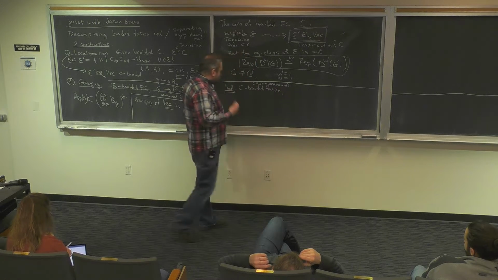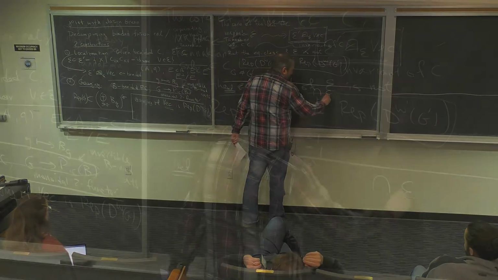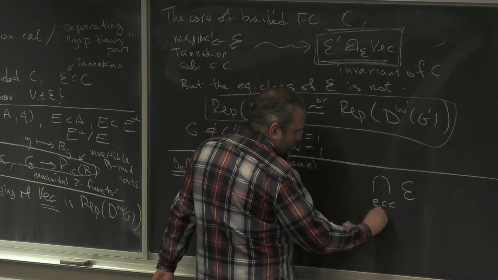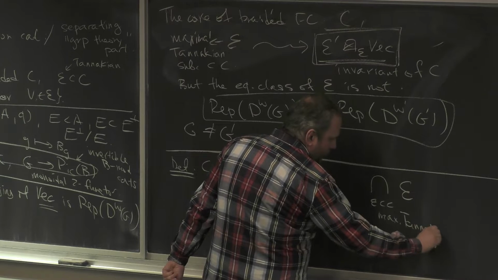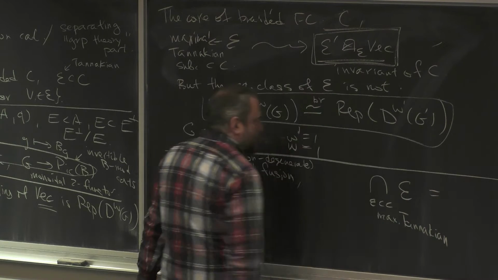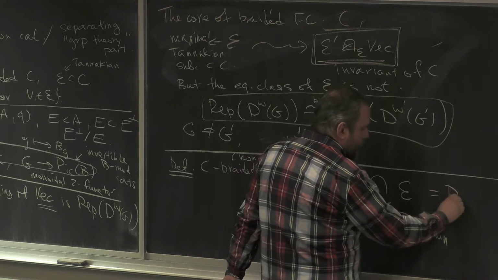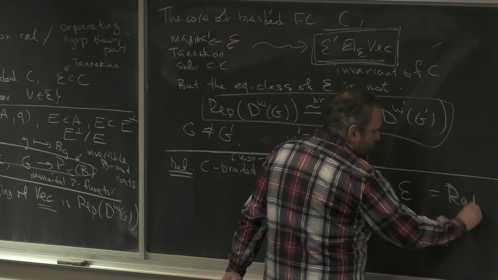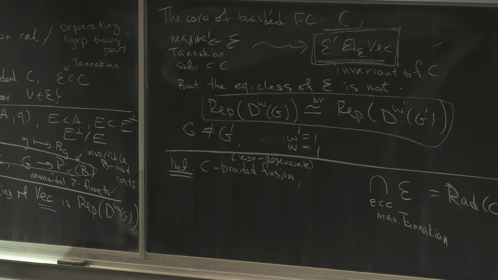Okay, so now a maximal Tannakian category is not an invariant, but their intersection is. So let's take the intersection over E in C maximal Tannakian, and we will call this thing the radical, or Tannakian radical, of C, by analogy with how the Jacobson radical is defined in algebra.